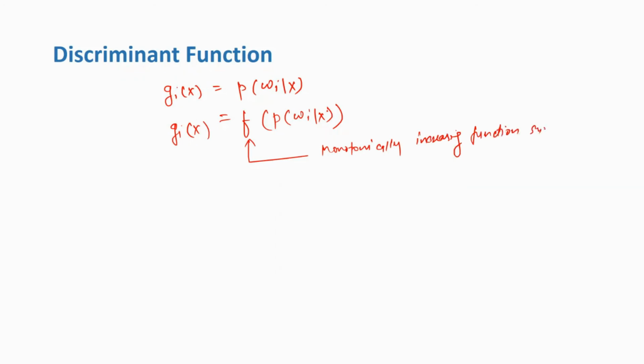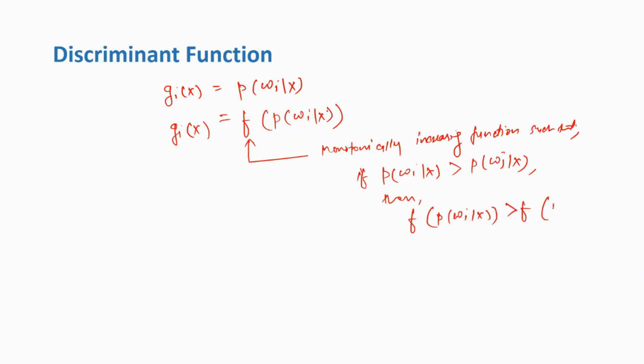If it is monotonically increasing, that means if the probability of omega i given x is greater than the probability of omega j given x, then f of the probability of omega i given x will be greater than f of the probability of omega j given x. This is the property of a monotonically increasing function.